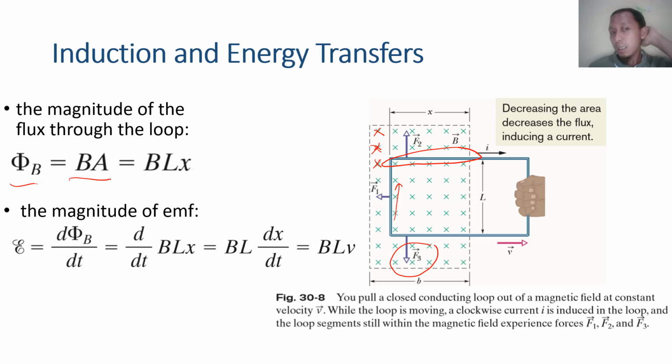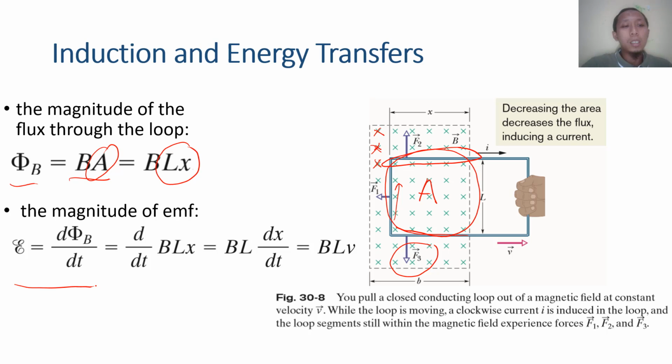In this case, A is the area between the wire and the magnetic field, like this one. This is the L, the width, and X is the length. So A is L times X. The magnitude of the EMF, E, is equal to d flux B per dt.